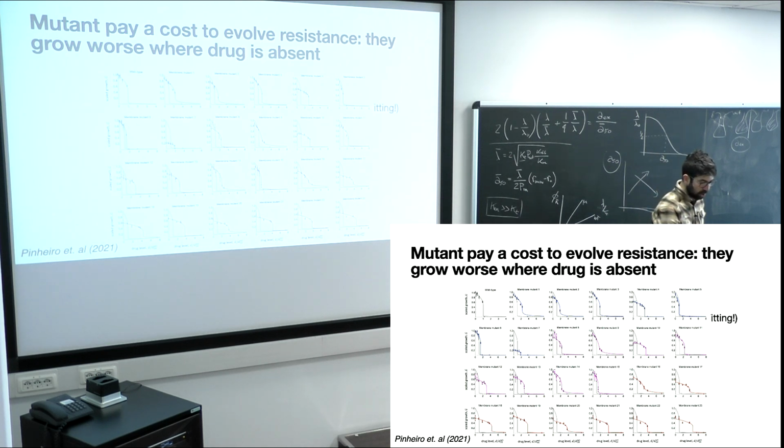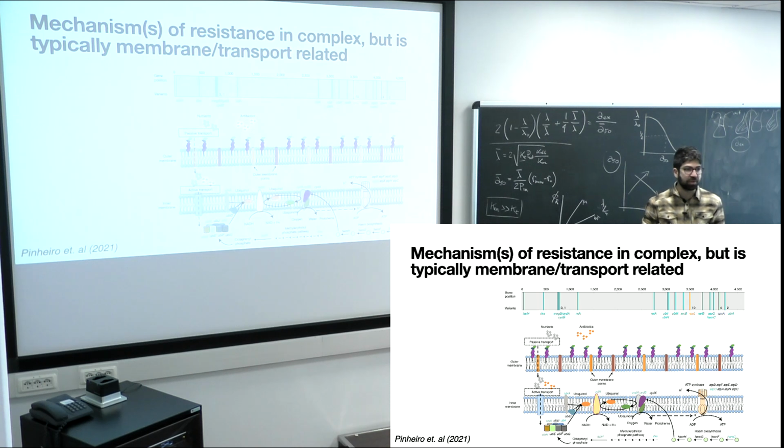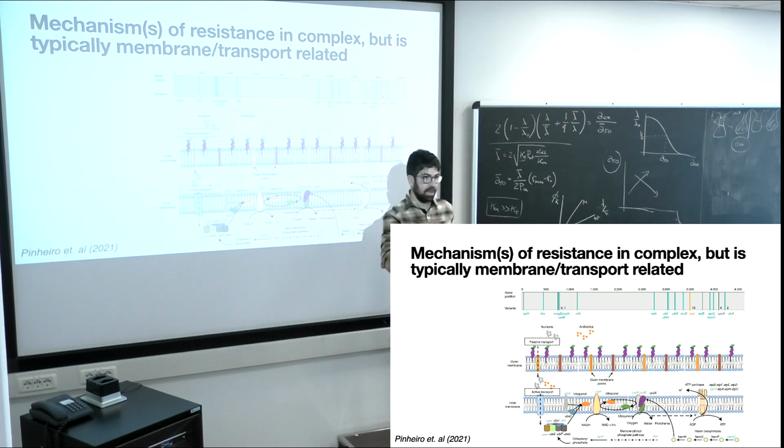Yes, so you can ask about where the mutations are, okay? What you can do is take these different mutants, sequence them, and compare their DNA sequence to the DNA sequence of the wild type, and you can see where the differences are, okay?